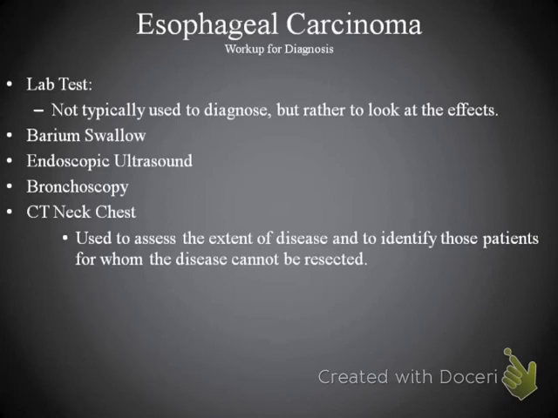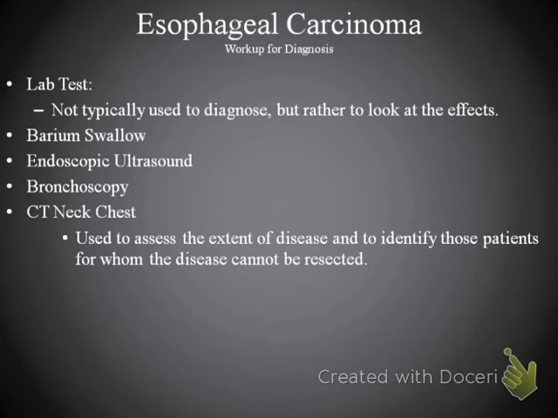Bronchoscopy and barium swallow are very indicative. Usually a barium swallow will show a stricture going in, and it's only left to presume what that stricture is caused by. And then bronchoscopy actually allows you to view this, or an EGD will allow you to do this as well.